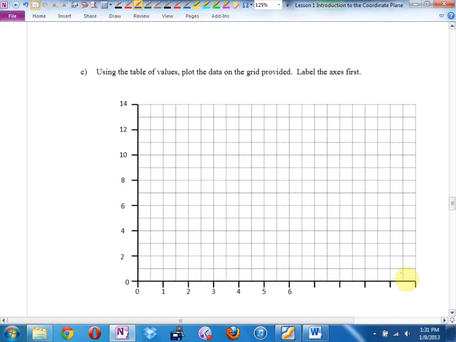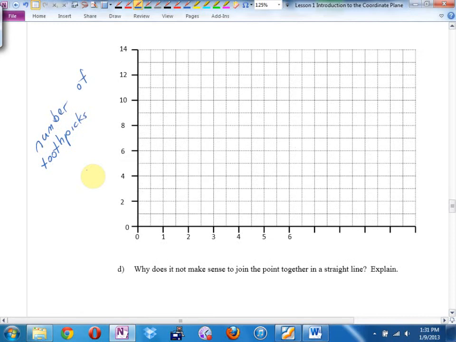On the y-axis, we're going to put number of toothpicks. On the x-axis, we're going to put number of triangles.